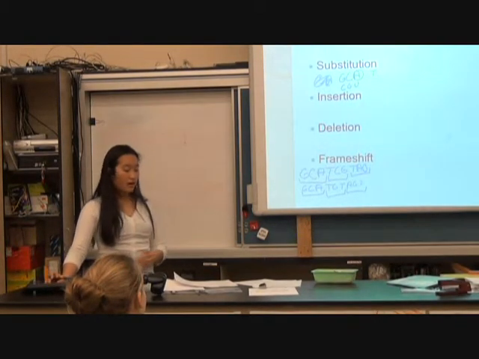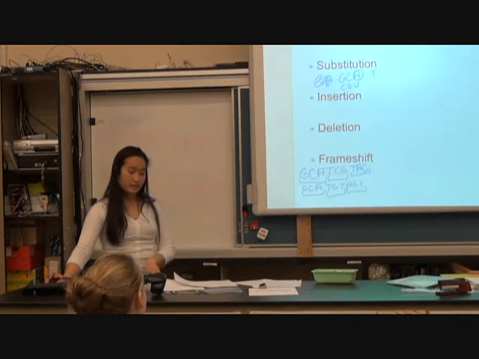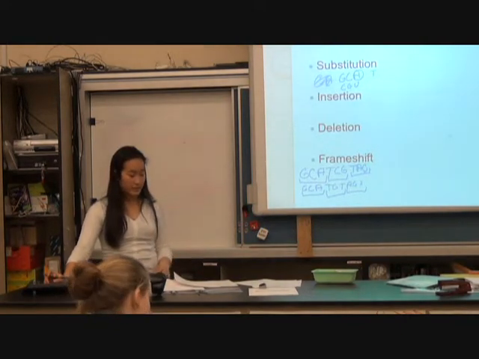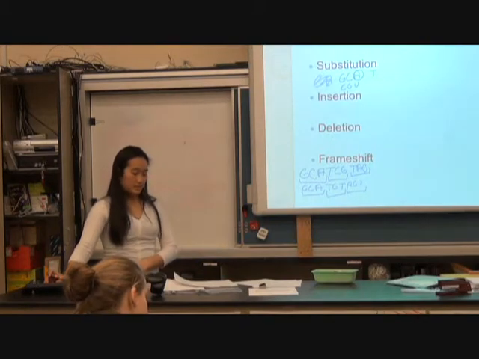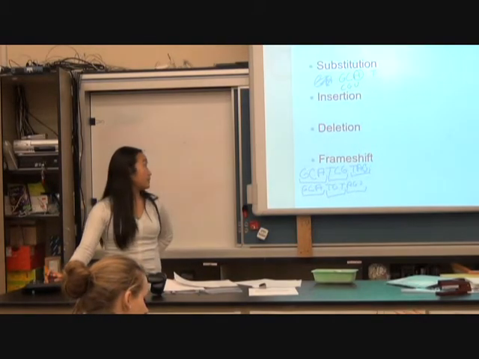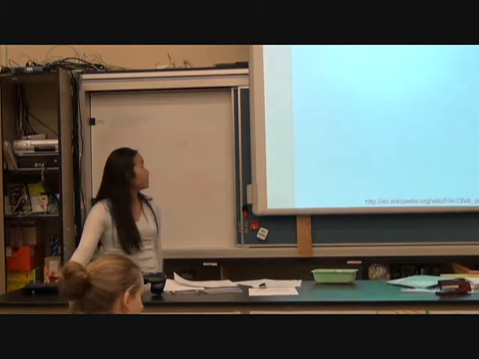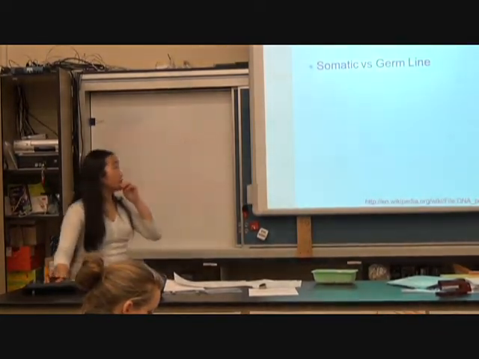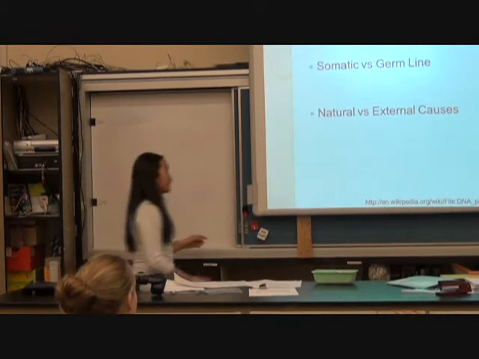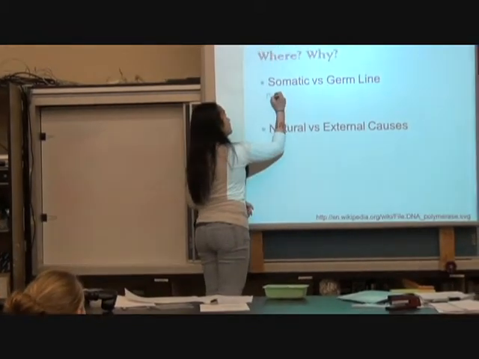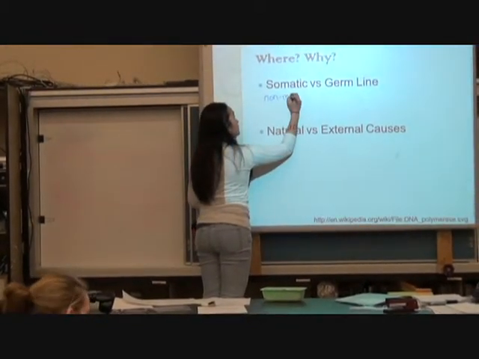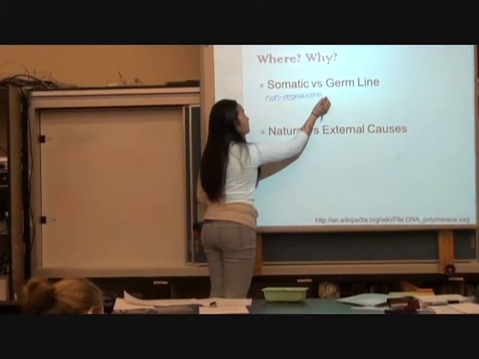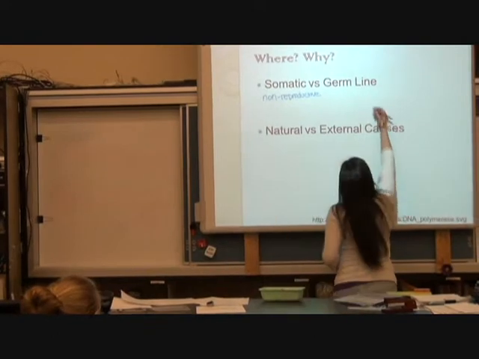Cancer tumors are a good example of these non-reproductive mutations, whereas hemophilia is a mutation in a germ cell. So, somatic versus germline.